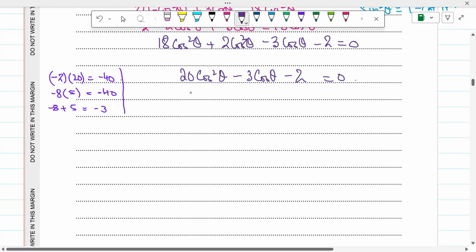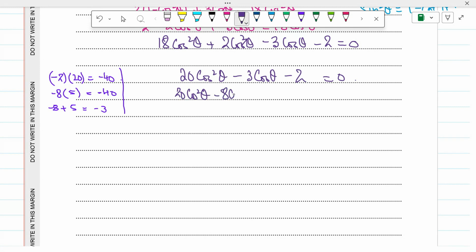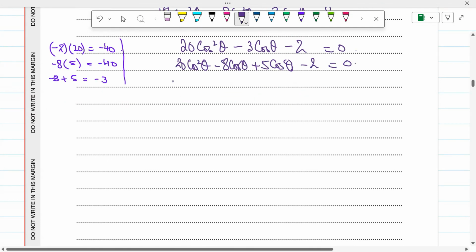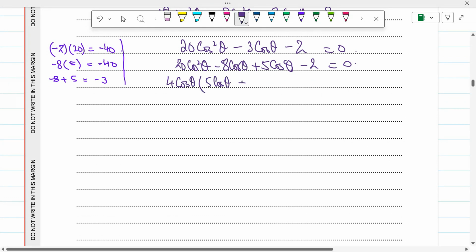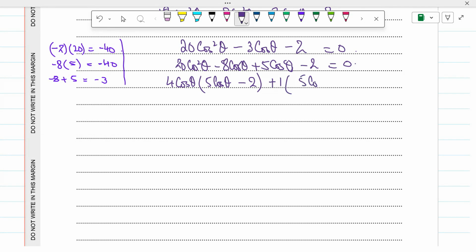So this equation can be written as 20 cos square theta minus 8 cos theta plus 5 cos theta minus 2 equal to 0. Taking 4 cos theta common, we will have 5 cos theta minus 2, and taking 1 common, we will have 5 cos theta minus 2 equal to 0.